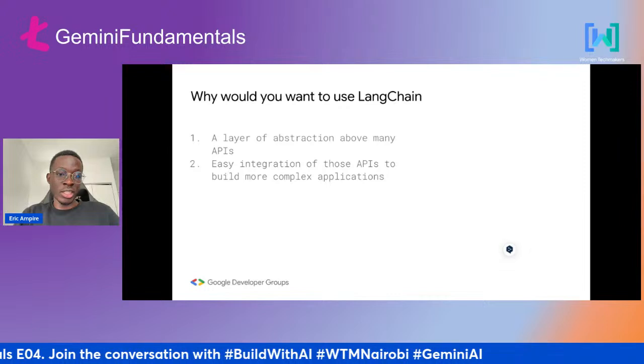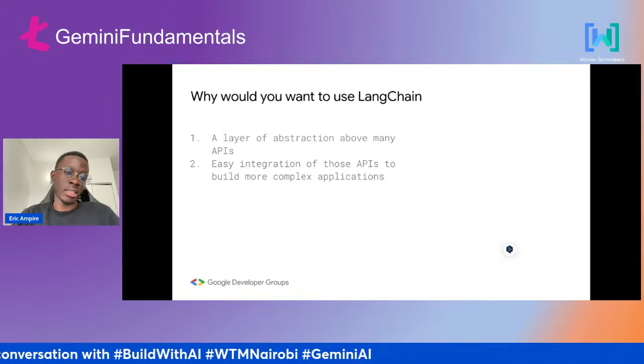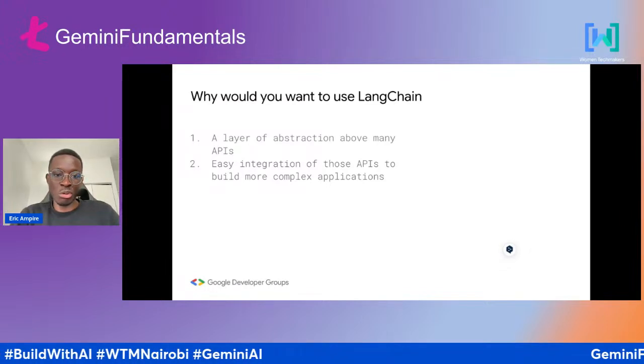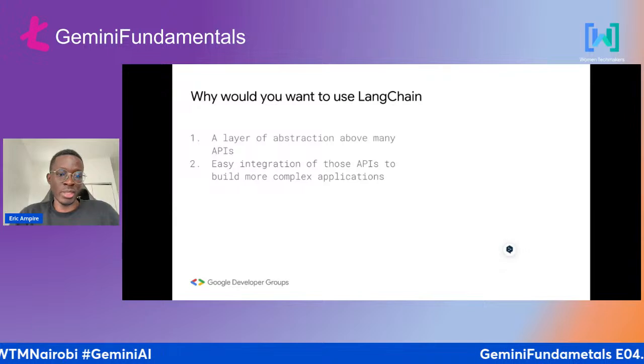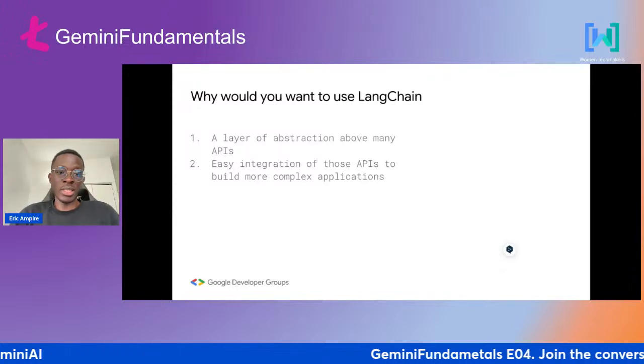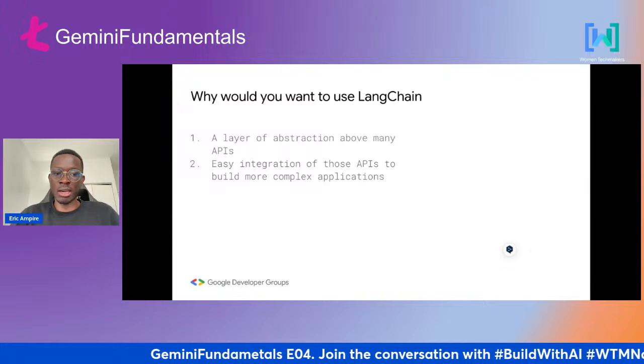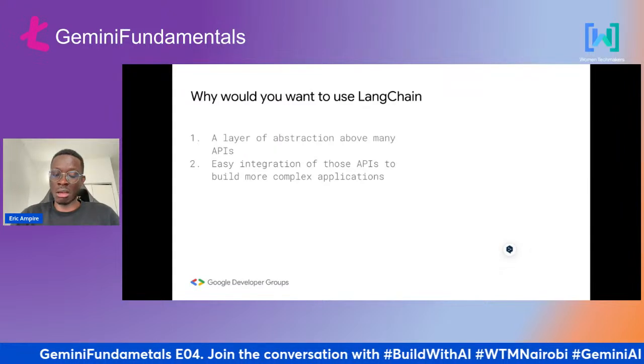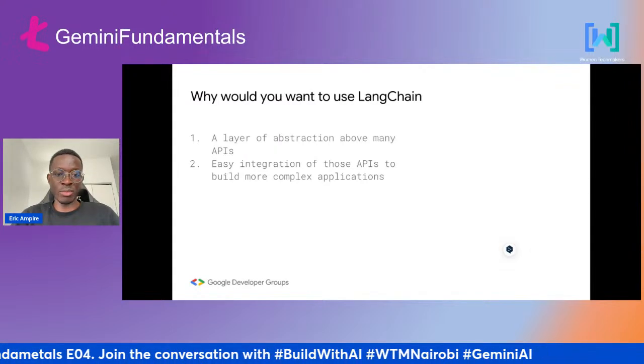Another key advantage of using LangChain is that it gives an easy integration of those APIs to build more complex applications. For example, let's say you want to create an application that takes advantage of Gemini, or GPT-4, or any other kind of LLM.